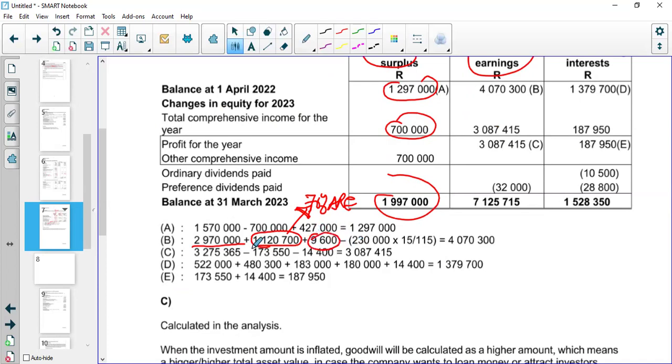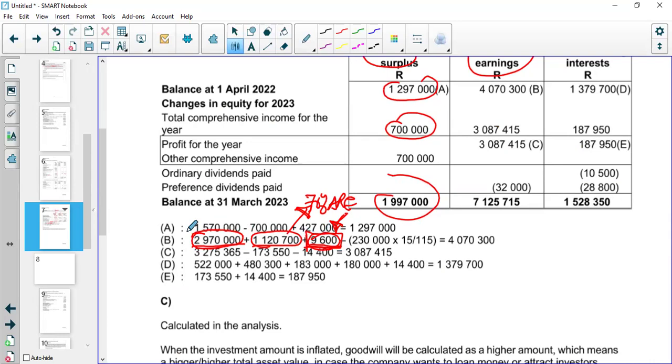It's 40% times 24,000, right? That was in arrears should go to the retained earnings as well, because it belongs there. This is the share of the parent's retained preference dividends.